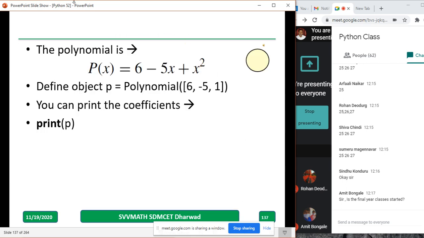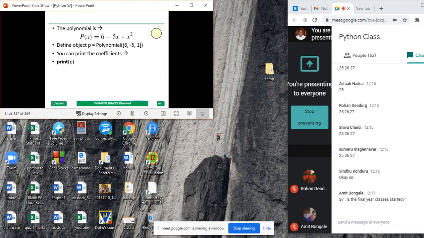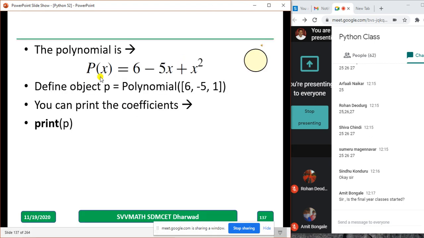Let us consider a polynomial p of x equal to 6 minus 5x plus x square. How do we define the polynomial object? P equal to polynomial of 6 comma minus 5 comma 1.